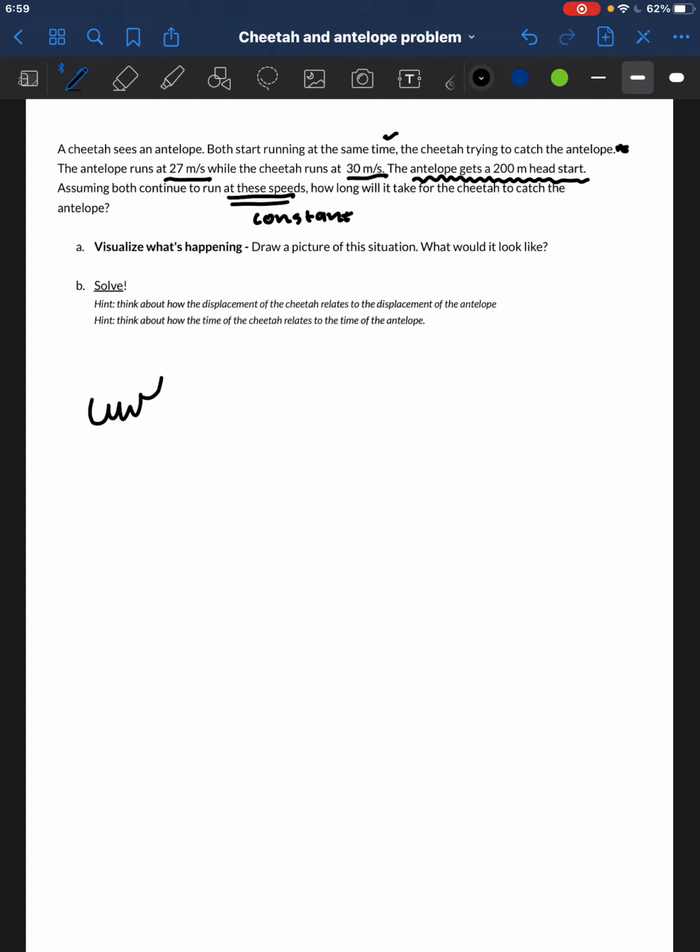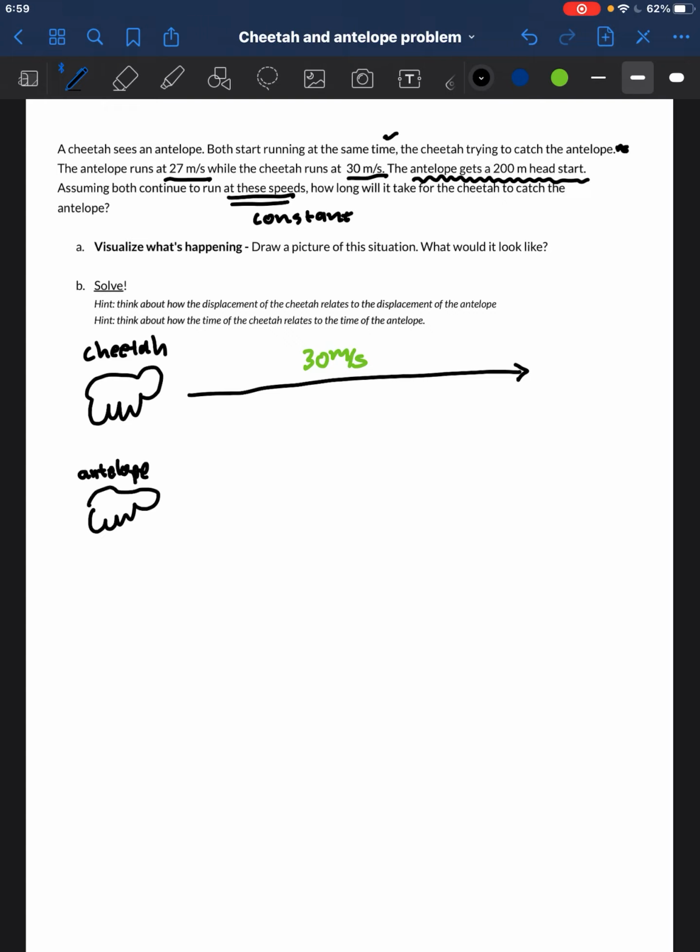So I have here my cheetah. My cheetah is going to be running at 30 meters per second. I also have an antelope. My antelope looks suspiciously similar to my cheetah, but is indeed an antelope this time.